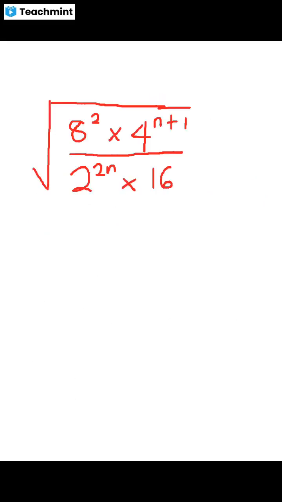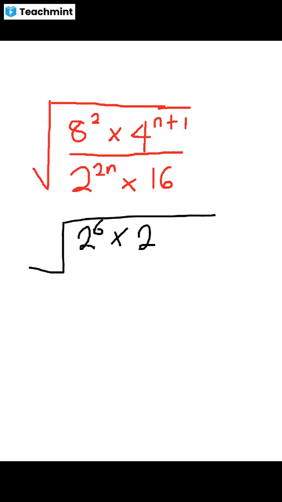Now let's look at this. If we want to solve this, I'm going to break it down first into exponents. This is 8. 8 is 2 raised to power 3. But because this thing had a power of 2 before, and now has a power of 3, the 3 and 2 multiply: 3 times 2, 6. 4 is 2 raised to power 2.